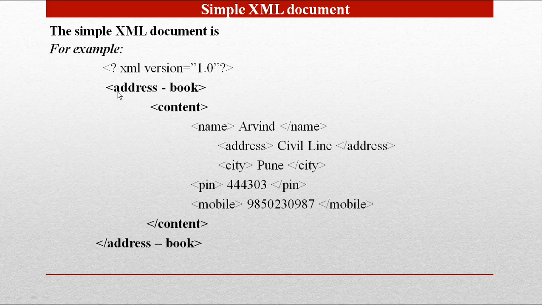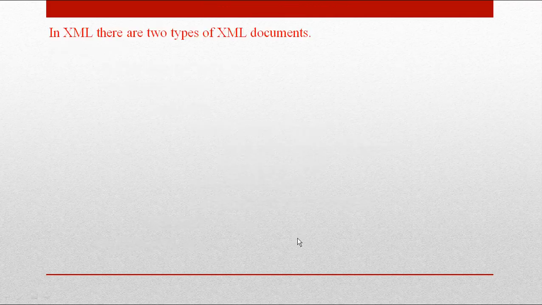So here address book open tag, here address book closing tag, then content, and this is slash content, and inside the slash content means this is the root element, it is called parent, then it is the child, content is the child tag, and inside the child tag there is again child have subchild, that is name, pin and mobile, and name have also its subchilds, okay, that is address and city. So this is a simple document structure.